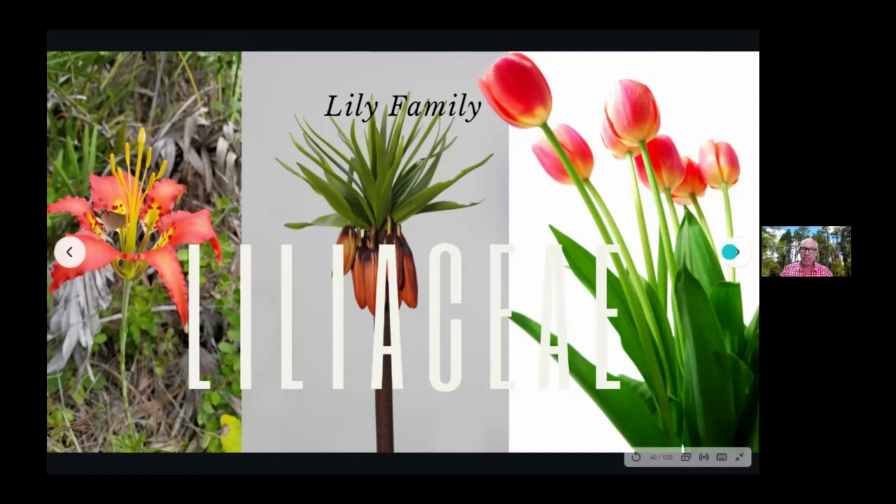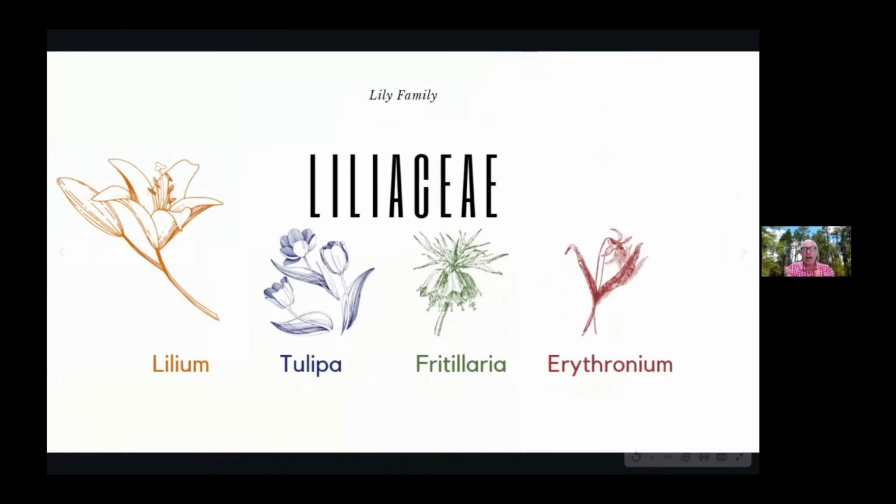Recognizing familial characteristics helps us figure out what our unknown species might be. You don't have to memorize all these things. What does it take? Practice, getting familiar, and then recognizing these things in real life in your practice. So we have the lily family, including the genus Lilium, Tulipa, Fritillary, and the dog-toothed violet Erythronium.